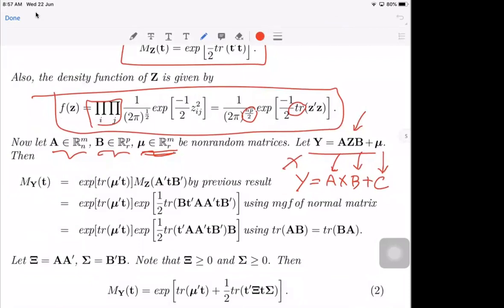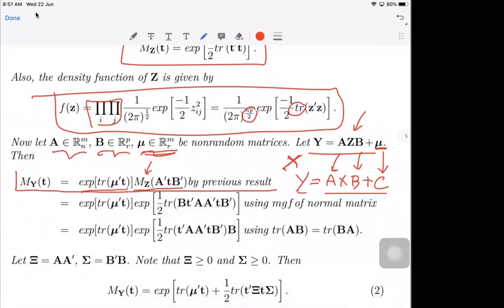And then we do similar transformations. The first line here is by the result we have done earlier, that if we have a transformation from X to Y, where Y is AXB plus C, then it is just equal to the moment generating function of X, in our scenario that is Z, at A prime T B prime, times the exponential of mu prime T. Do you recall this result earlier? Yes, ma'am.